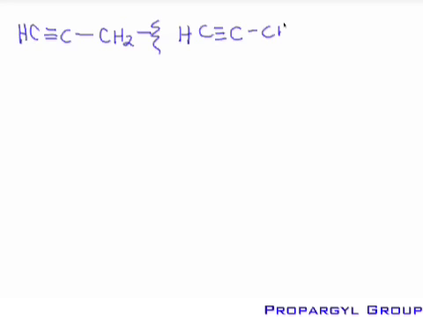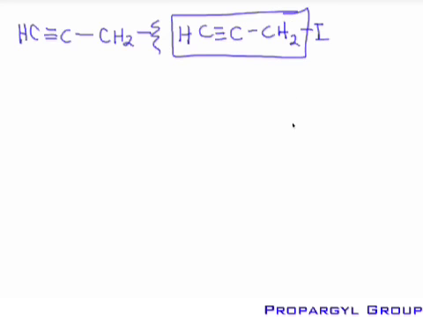Let's make it an iodine this time. This group is a strange sounding name, and it is called a propargyl group.